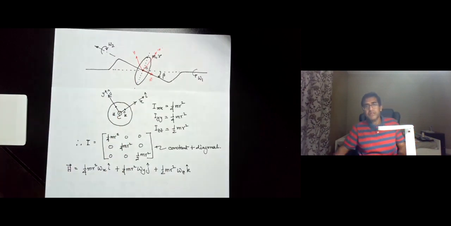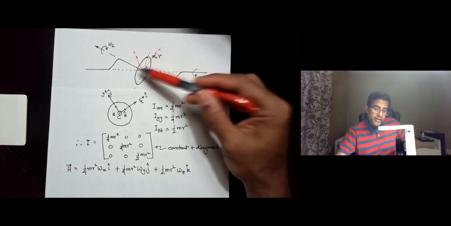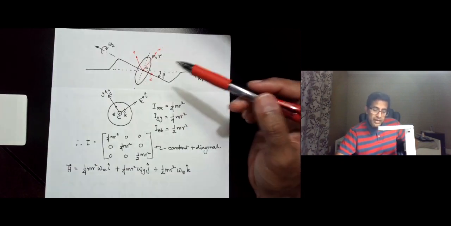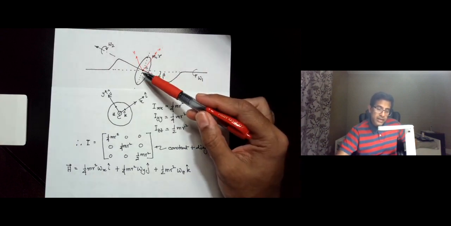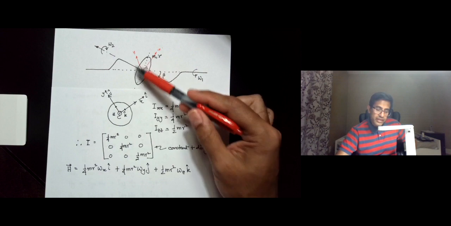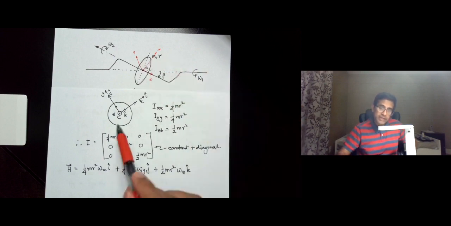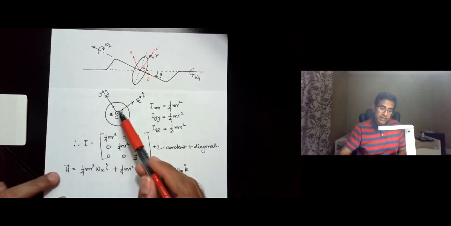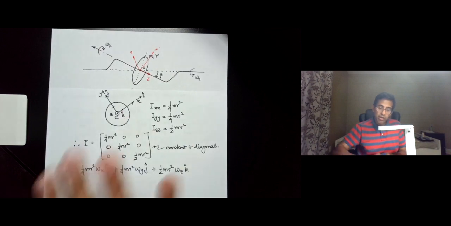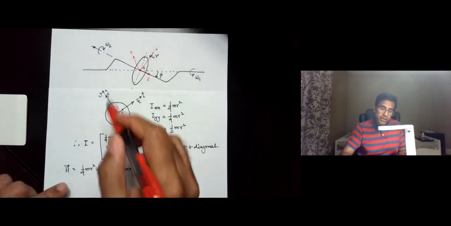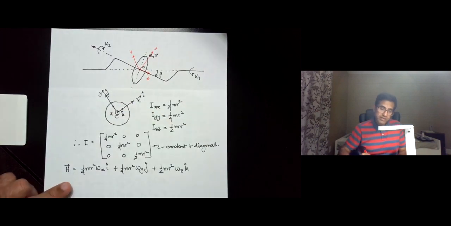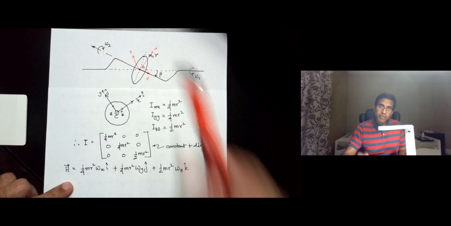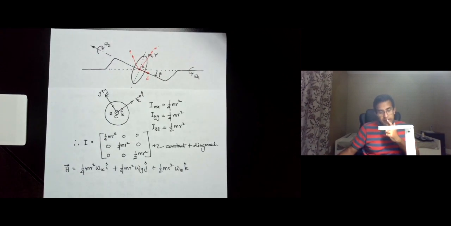This makes sure that your body-fixed xyz are along the axes of symmetry, and you can see that indeed this orientation of x, y and z matches. So we have said that x and y are along the disk but mutually perpendicular, and z is perpendicular to the disk, and that is exactly how we have drawn this x, y and z.